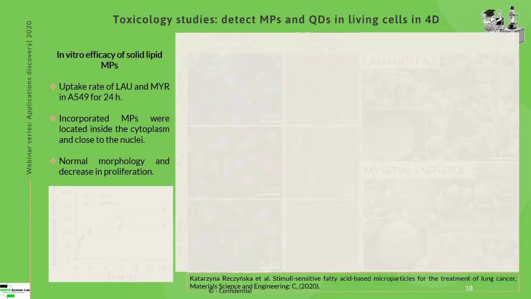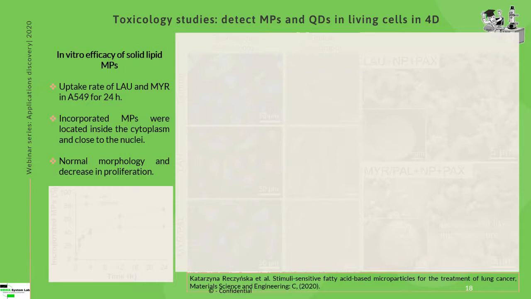So the researchers wondered if there is any effect of these morphological feature differences on the uptake of these particles by the cells. And holotomography can answer this question. If you check the uptake of those particles over time, in 24 hours, you can see that at 12 hours there is a significant difference in the uptake of these microparticles with different coatings by the population of cells.